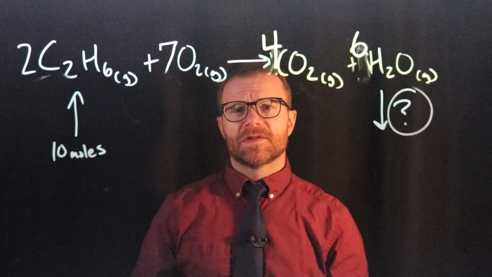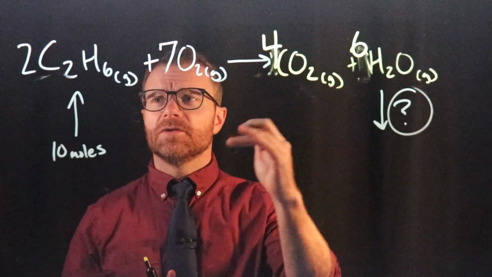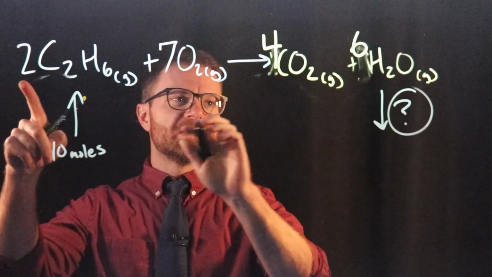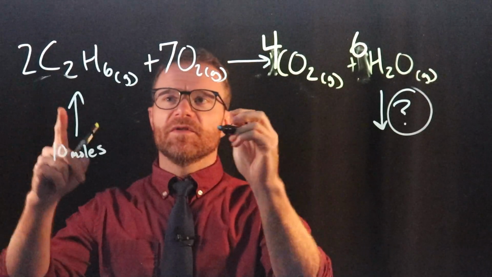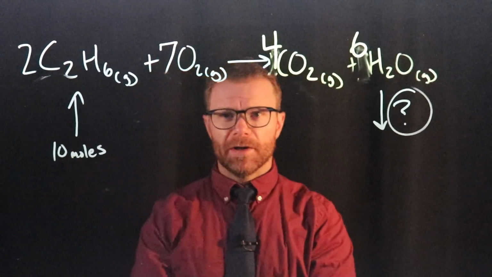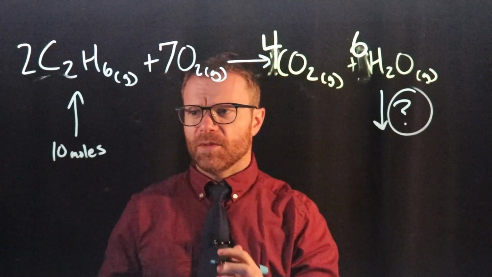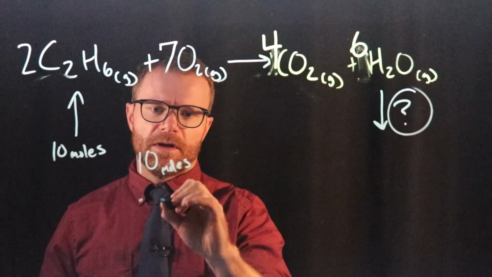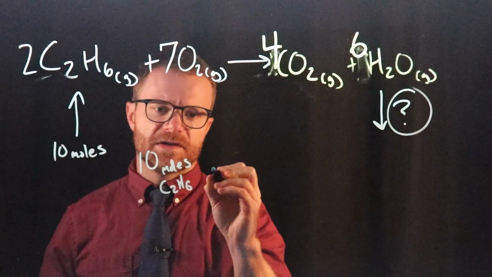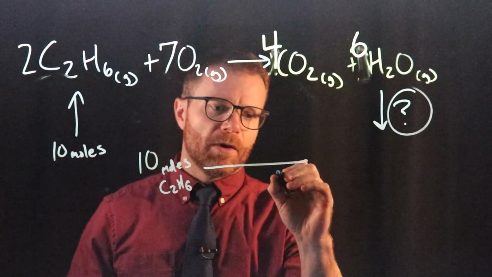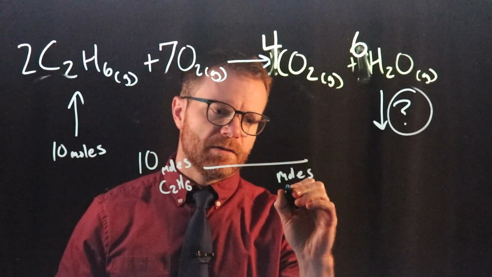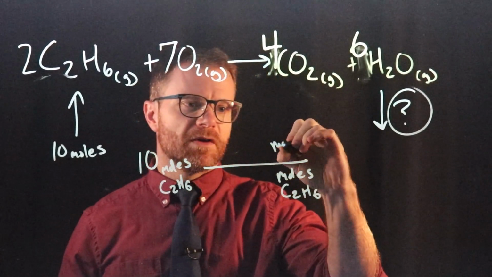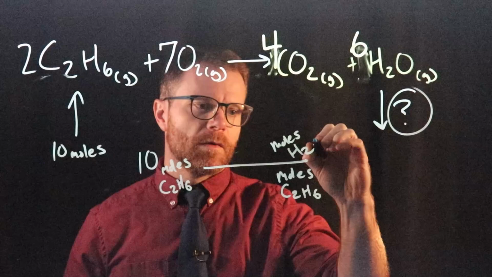Well, in order to get this problem, all we need to do is figure out the mole ratio between our ethane and our water, and we can see that's 2 to 6, which simplifies to 1 to 3. And then it just becomes a conversion problem. So I would write it out this way. If I had 10 moles of ethane, C2H6, I want to get rid of moles of ethane. I want to figure out my moles of water or steam.